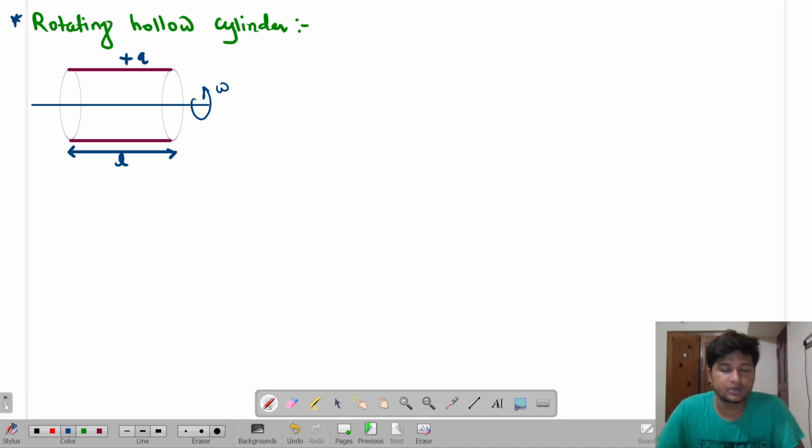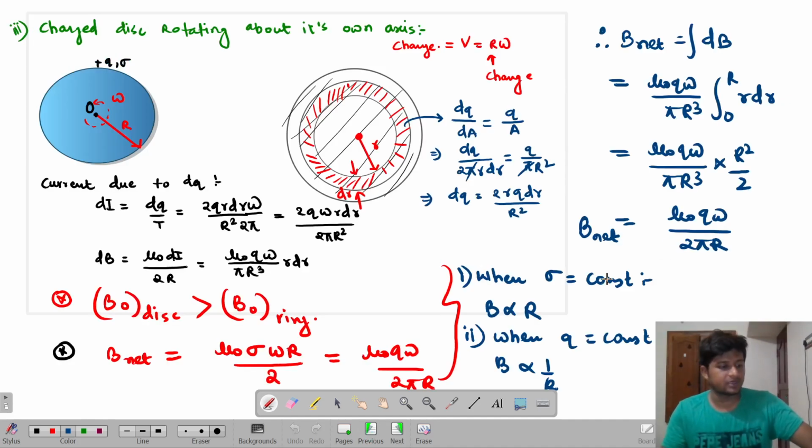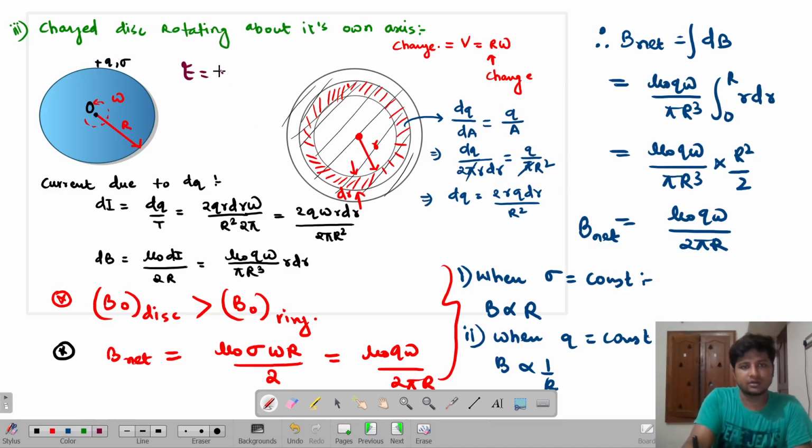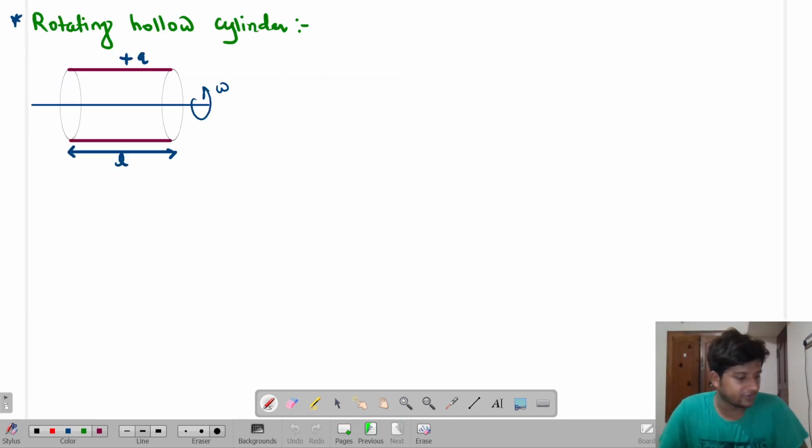Basically, in the earlier case, we defined magnetic field, but we didn't define electric field. Electric field of the disk, you know, is always the same. It is given as sigma by 2 epsilon naught, isn't it? On the center, basically. On the axis, it is totally different, isn't it? So here also we define magnetic field and electric field.